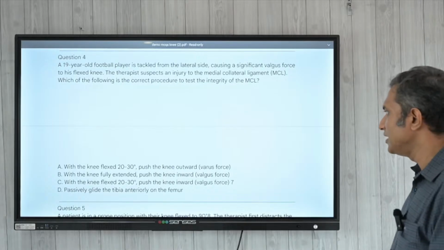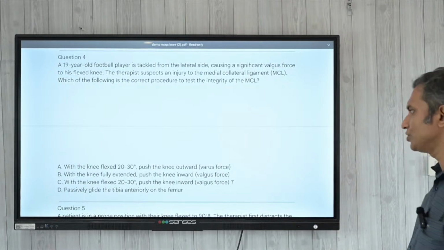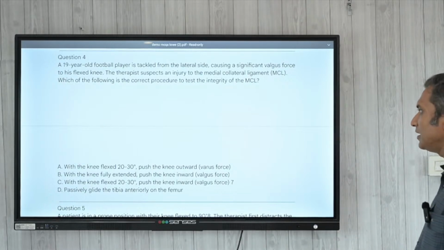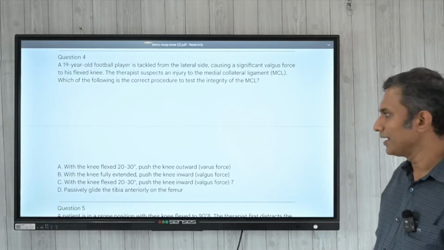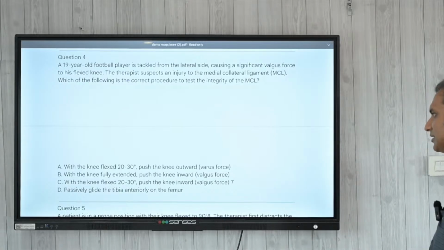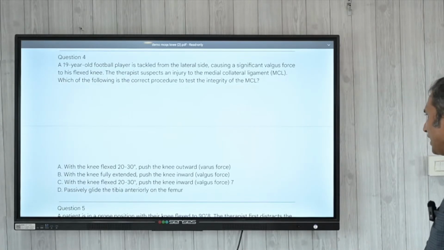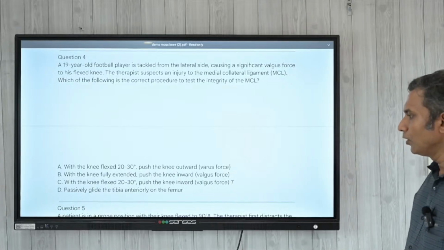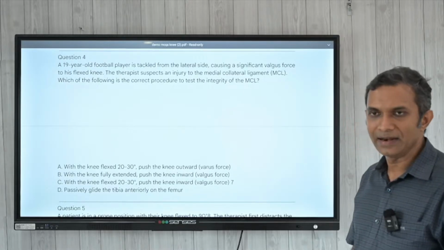Option A, with knee joint flexed to 20 to 30 degree, push the knee outward, varus force. Option B, with the knee fully extended, push the knee inward, valgus force. Option C, with the knee flexed, push the knee inward, valgus force. Option D, passively glide the tibia anteriorly on femur.